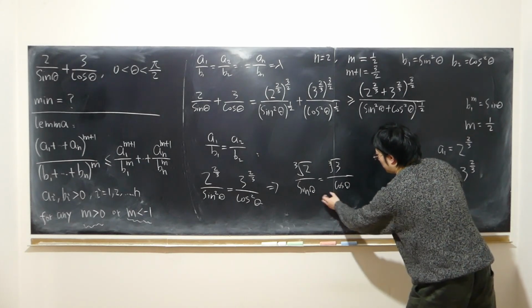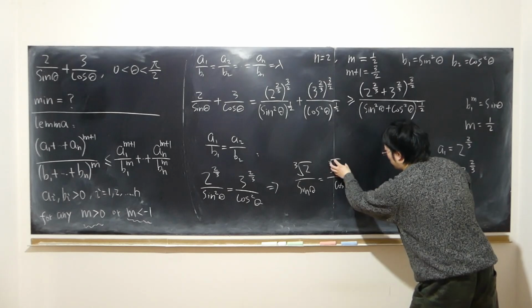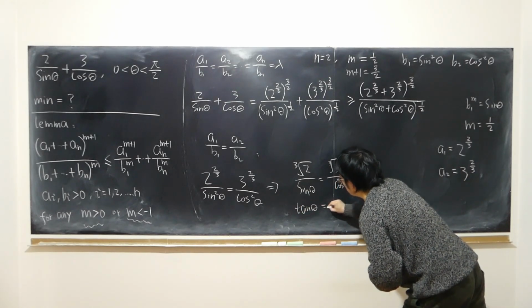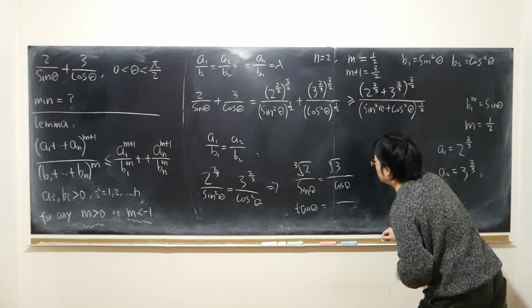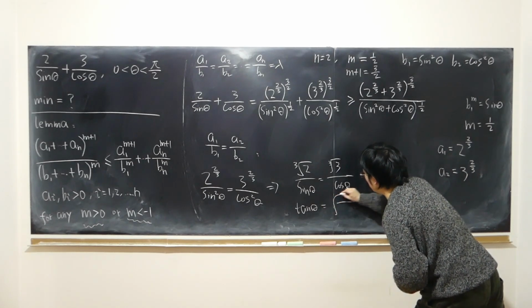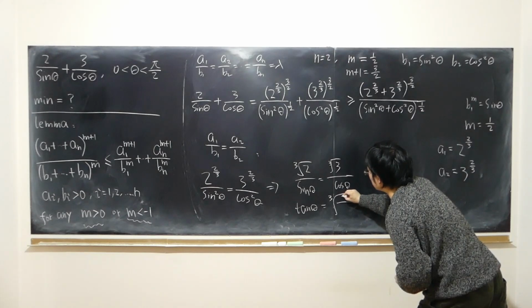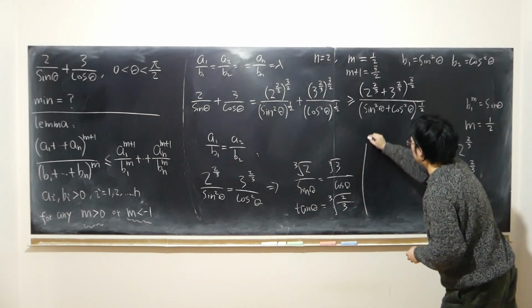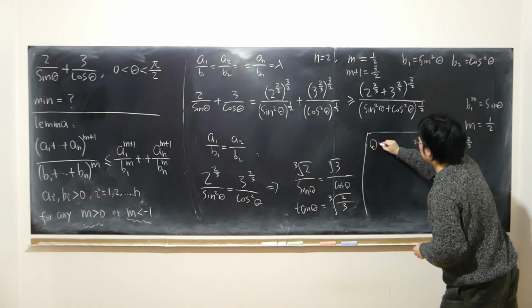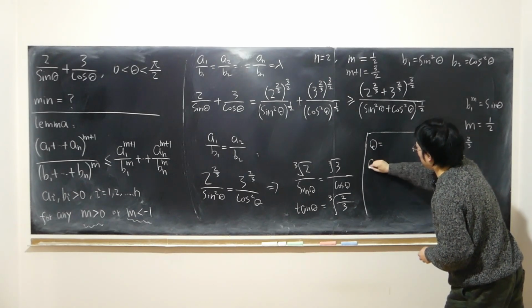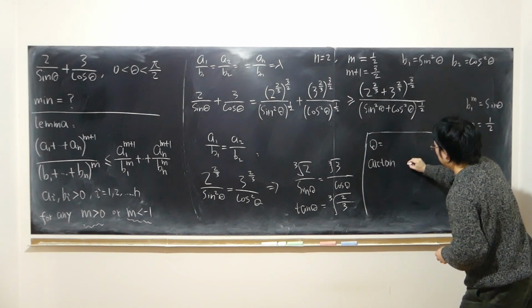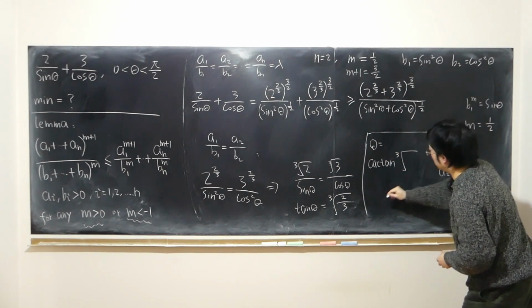For tangent theta, just multiply by sine over here and divide over there. So tangent theta is immediately cubic root of 2 over 3. So it's only when theta is equal to arctangent of cubic root of 2 over 3.